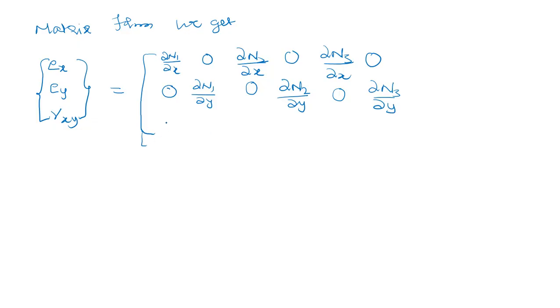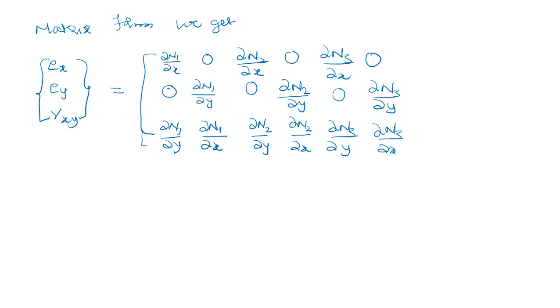The final row is dou N1 by dou y, dou N1 by dou x, dou N2 by dou y, dou N2 by dou x, dou N3 by dou y, dou N3 by dou x.